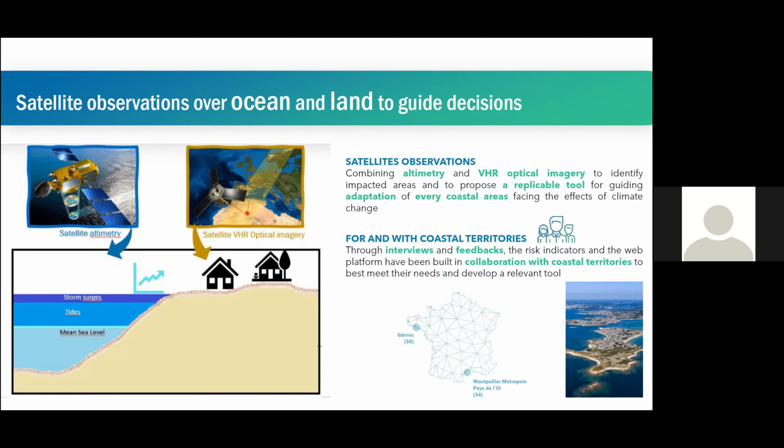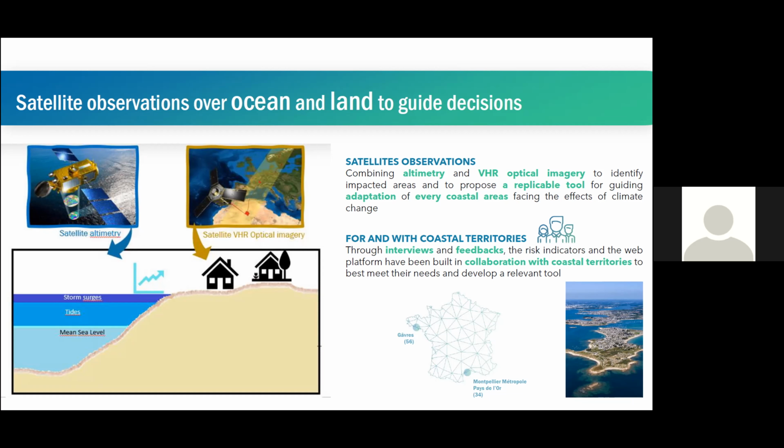And we combine it with very high resolution optical imagery, which monitors the coastal territories, the digital elevation, and the land use. So we use these two technologies to develop a replicable tool to help guide local decisions, in order to provide better knowledge regarding the risk.